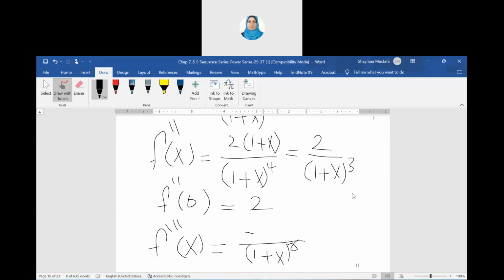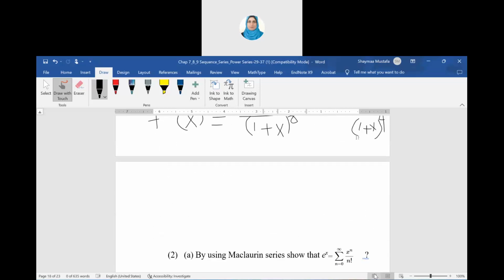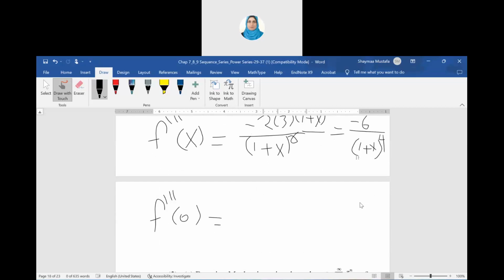Minus 2 times 3 times 1 plus x to the power 2. And this one is equal to minus 6 over 1 plus x to the power 4. So now calculate f triple prime of 0, which is, substitute x by 0 here, so minus 6.